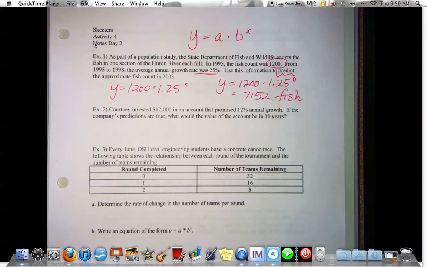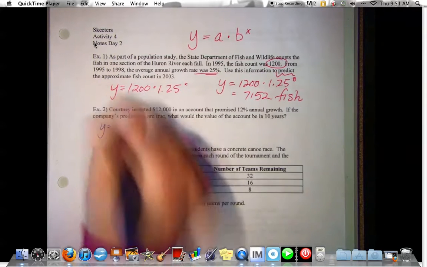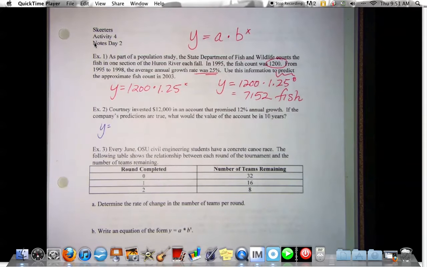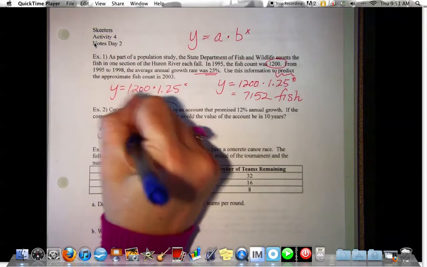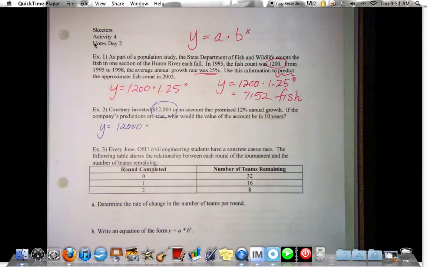Courtney invested $12,000 in an account that promised 12% annual growth. If the company's predictions are true, what would the value of the account be in 10 years? What is our initial investment? 12,000. Why 1.12?